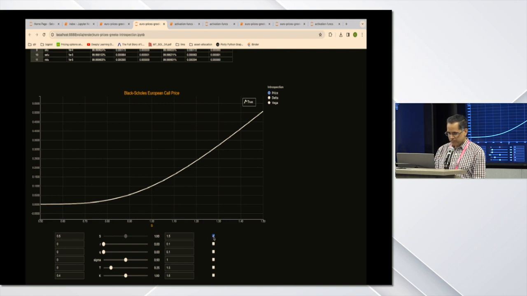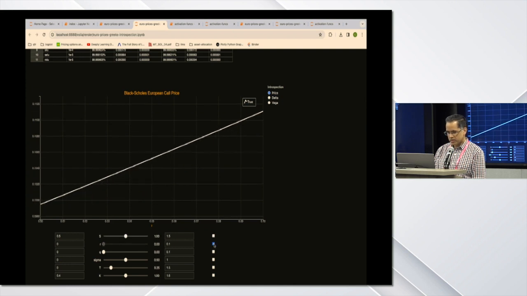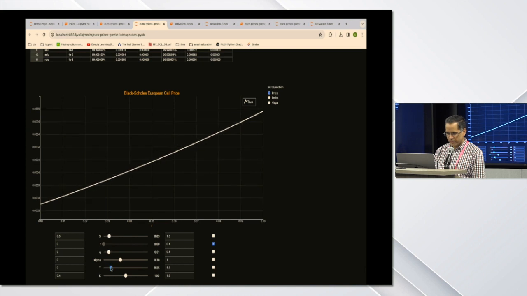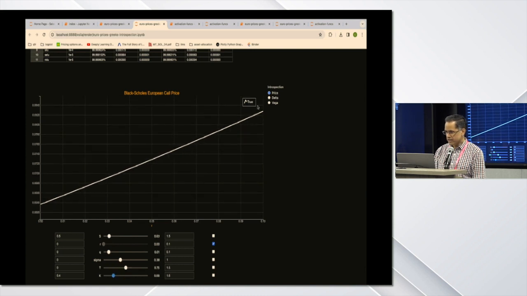For example, here I'm freezing all the other inputs and letting only the S vary along the x-axis. This is a nice way to look at how the function looks when we change different inputs. For example, now I'm making R vary along the x-axis and freezing all the other inputs to these values. This is a nice way to quickly look at how the multivariate function looks. And not only this, this is the true value; we can overlay the deep learning model values directly on top of this.